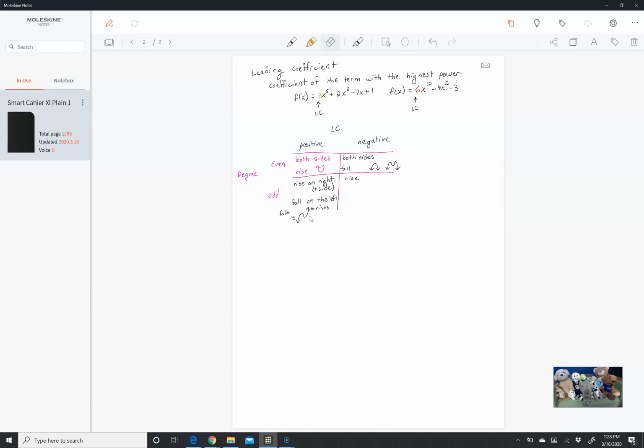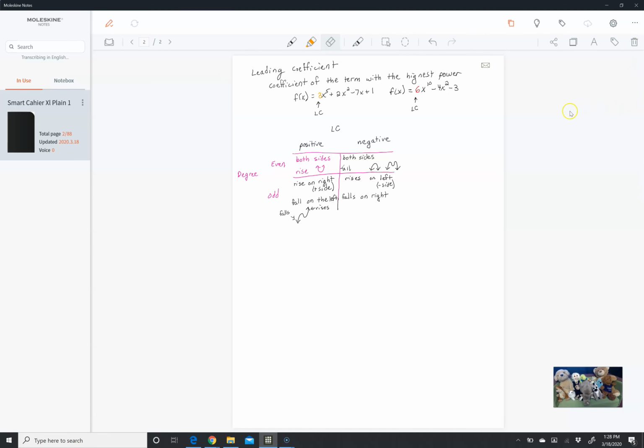Remember, the left is the negative side. And if it rises on the left, it falls on the right because they're doing something different.